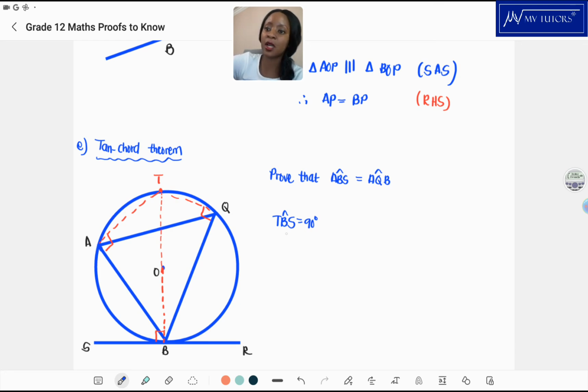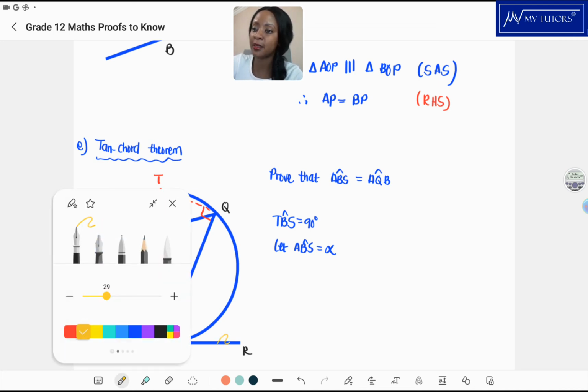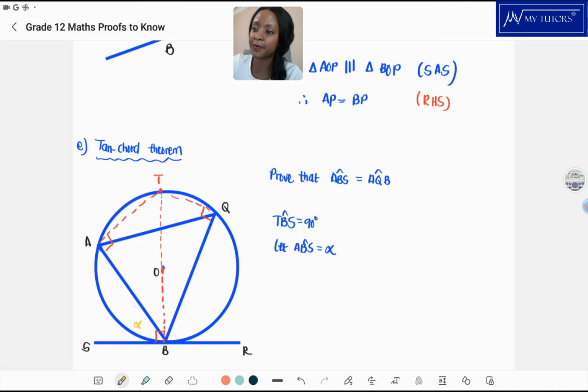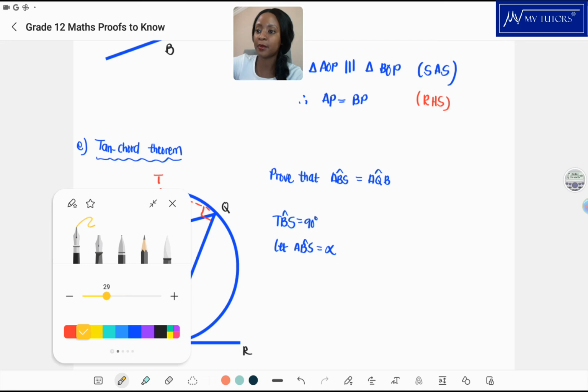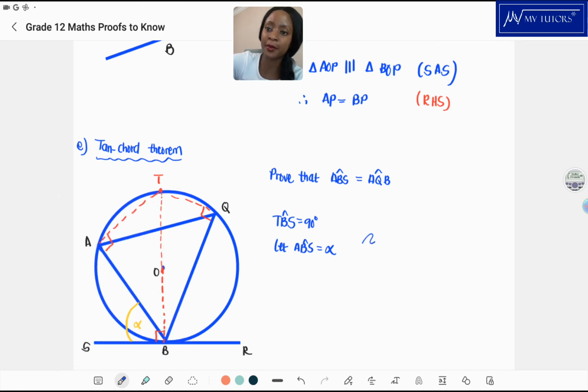Let ABS equal alpha. Let me choose another color. So this would be alpha. And then if I were to look at TBA, that would be 90 minus alpha.